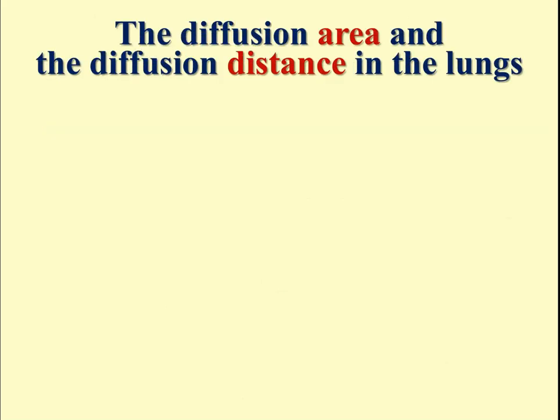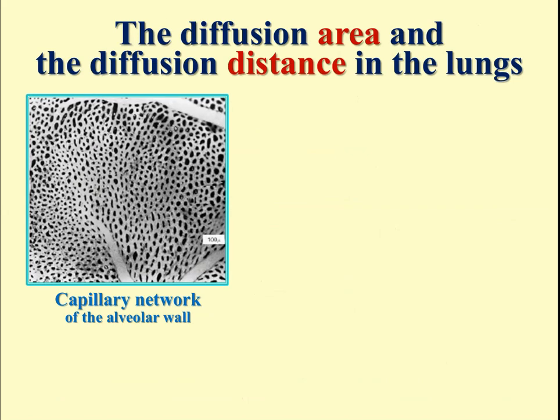Let's consider this diffusion area in more detail. Look at the picture of the capillary network in the alveolar walls. You see how dense the capillaries are in the lungs, and actually they take almost the whole surface of the alveolus. And the diffusion surface area is even wider than only the surface of the alveolus itself, because capillaries have walls, and each side of a capillary in three-dimensional space represents diffusion area.